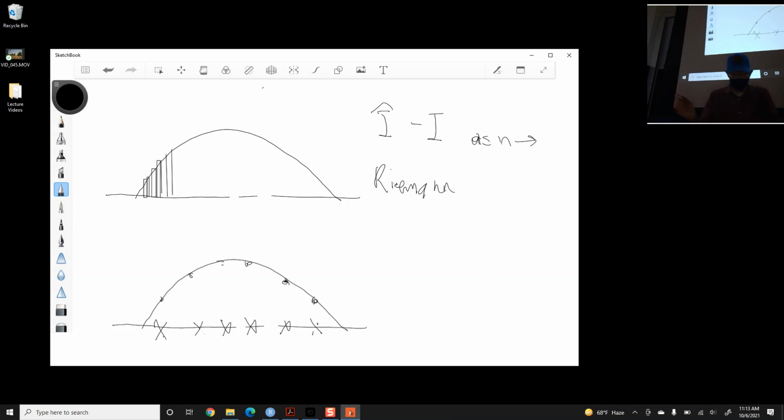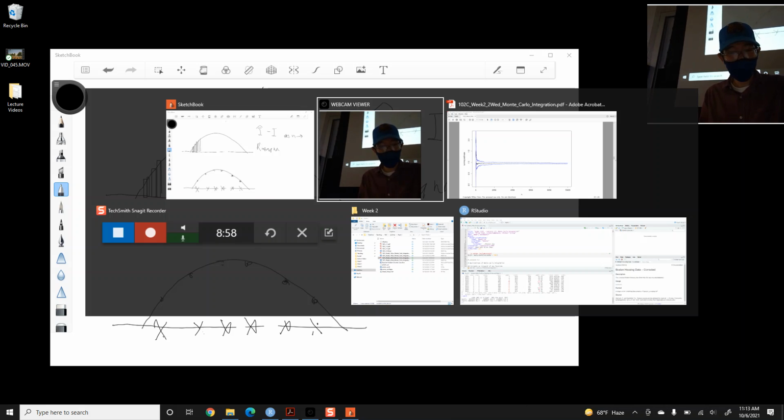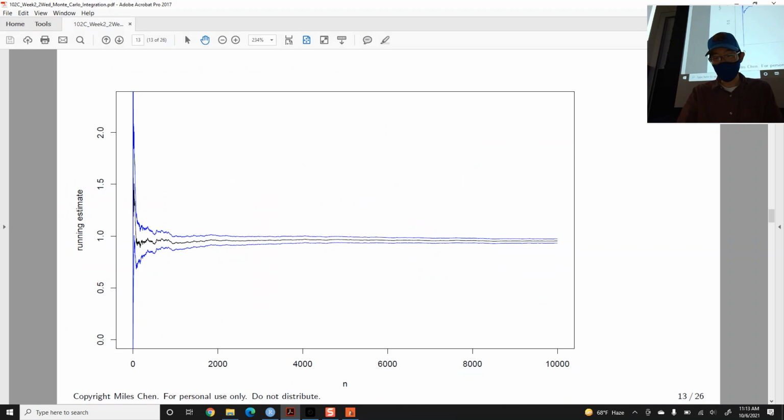And it turns out you need a lot more n, a lot more values to work with this. And so you might say, well, why would I want to do this? Well, with a one-dimensional case, the Riemann sum is going to give you better performance, okay?